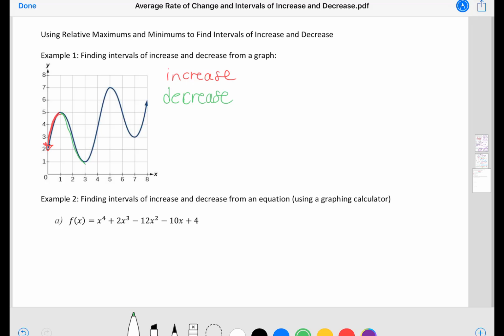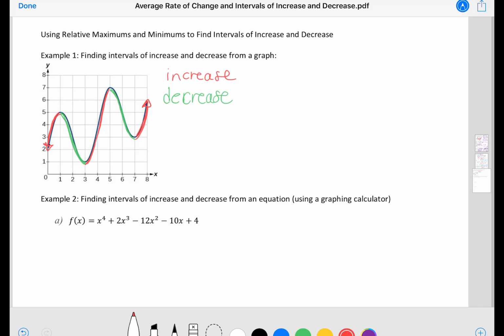And I'm going down, so that's an interval of decrease. Then I hit a turning point and I start going up again. Then I hit another turning point and I go down. And then I have my last interval of increase right here.